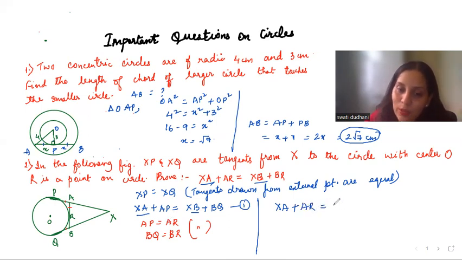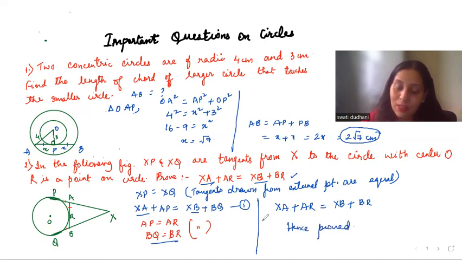AR is equal to XB plus BQ. BQ is equal to BR, we just proved. So instead of BQ, BR can be written. So this is what we need to prove. So hence proved. So always keep an eye on what you need to prove. So you will automatically get ideas on what you need to get rid of and what side you need to get in the answer. I hope this is clear.